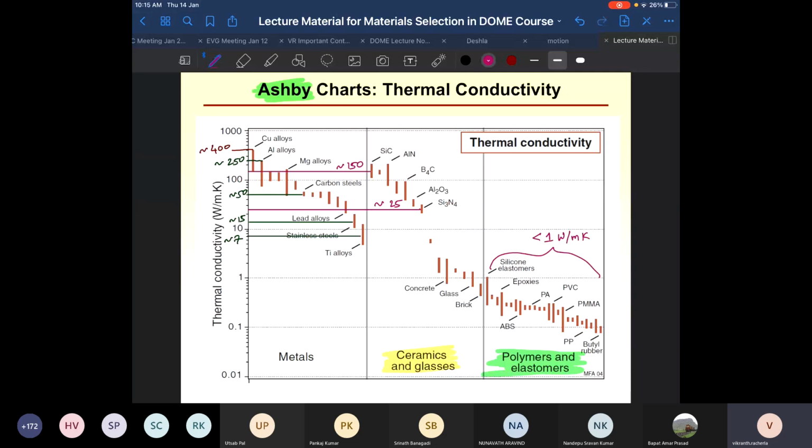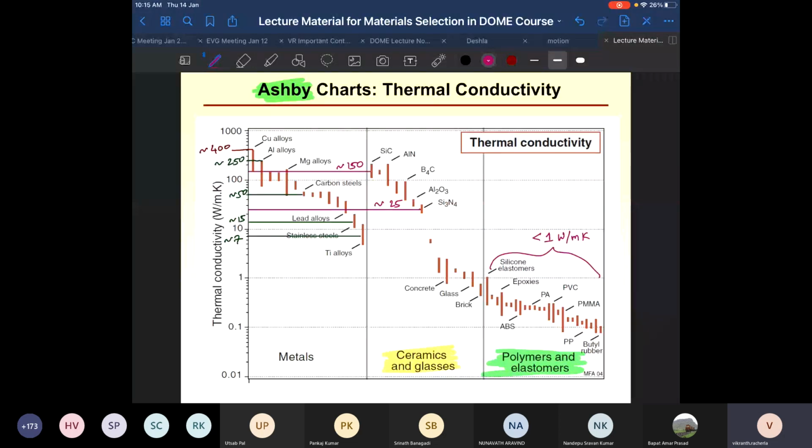Polypropylene, butyl rubber and all that have 0.1 watt per meter Kelvin. Others have between 0.1 to 1 watt per meter Kelvin. So this is about thermal conductivity of materials.